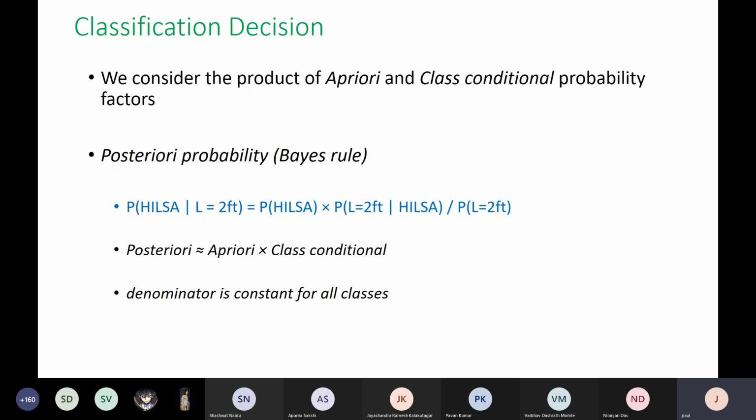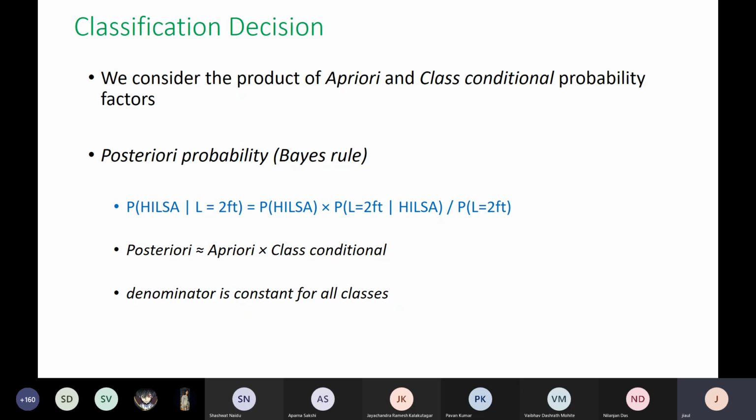This is a simple Bayes rule I'm applying. It is the probability of Hilsha times the class conditional probability, divided by the probability that the length is going to be 2 feet.